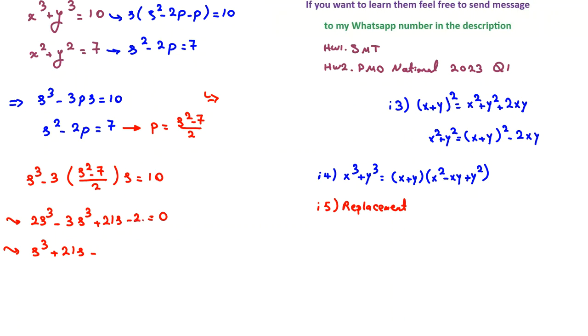So when we take it to the left hand side, negative 20 minus 20 equals 0. And here also it will be negative s cubed, because 2s cubed minus 3s cubed. Now we can negate all signs. So we can say s cubed minus 21s plus 20 equal to 0.